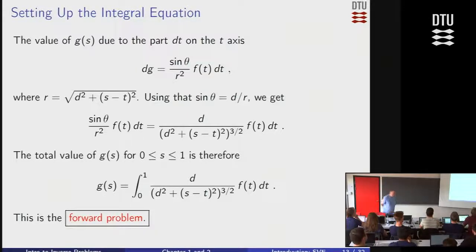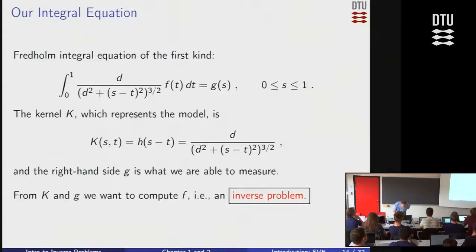What you typically do to get from the forward problem to the inverse problem is swap what's on the left and the right side of the equation sign, and now suddenly it's an equation you want to solve. I think there's something fascinating when you write it in this form, with a known right-hand side. It's built into the language of mathematics. You say right-hand side because it's on the right side of the equation sign, and it's something known, and what's on the other side is partially unknown. Here it's the f that's unknown.